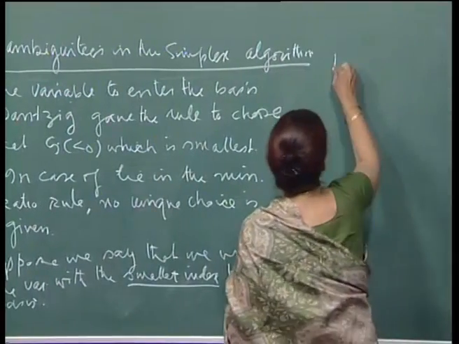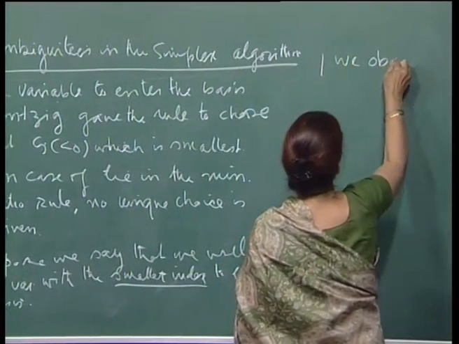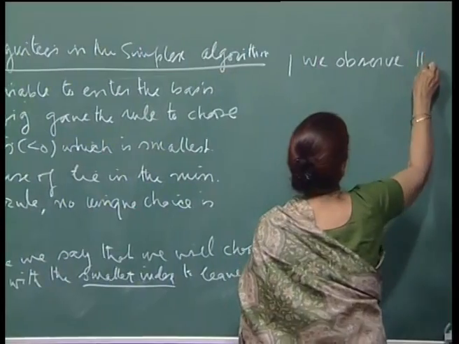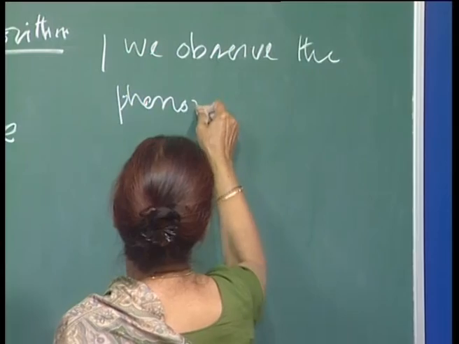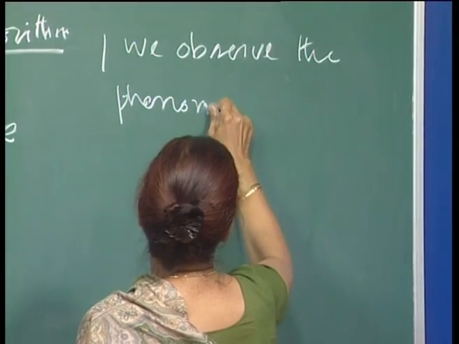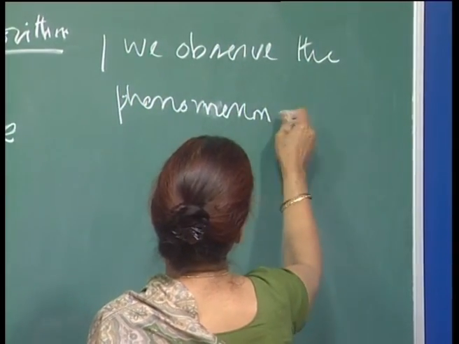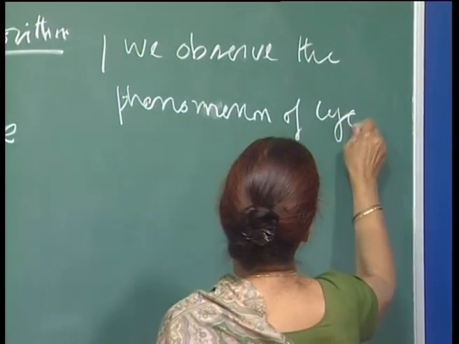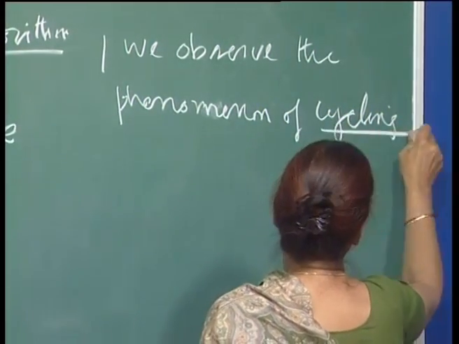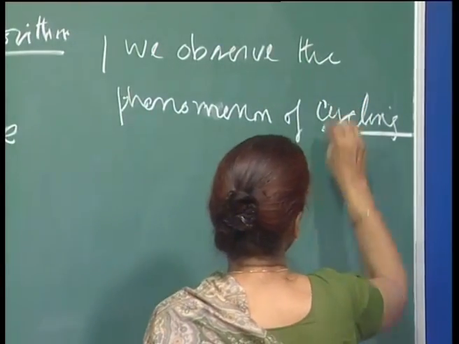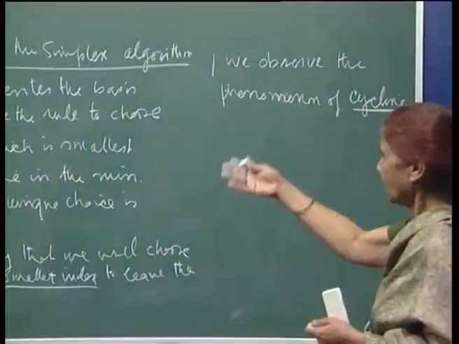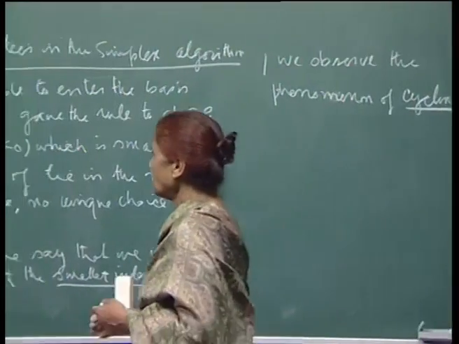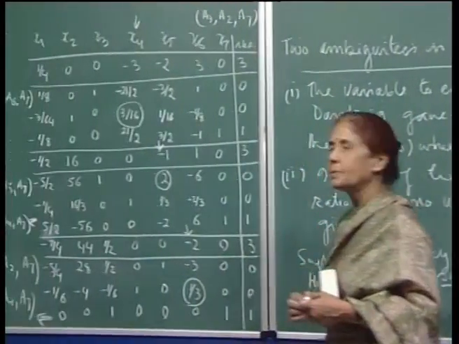So we observe the phenomenon of cycling. In the simplex algorithm, and this was of course discovered quite late, the simplex algorithm can cycle, and you saw that when you have degenerate basic feasible solutions, this is possible, right.